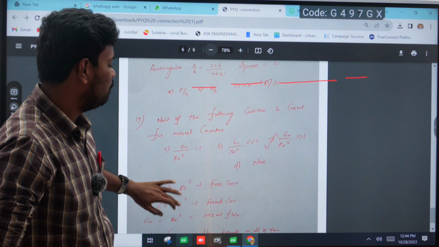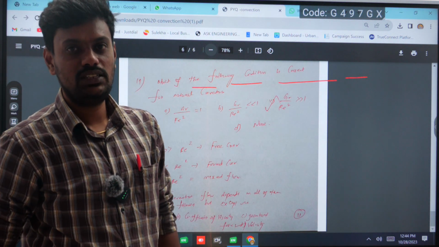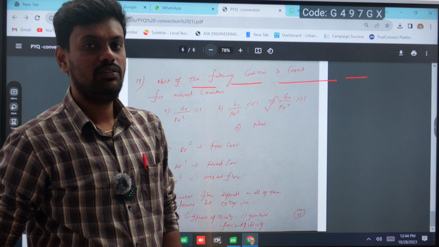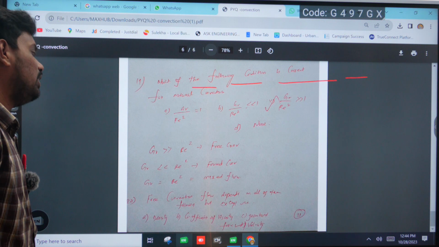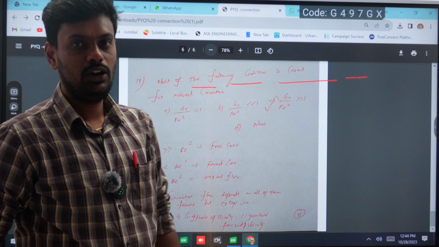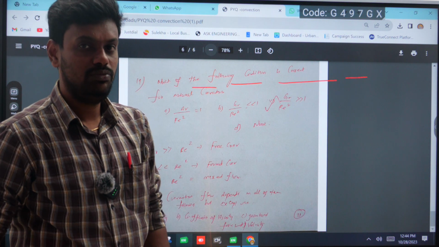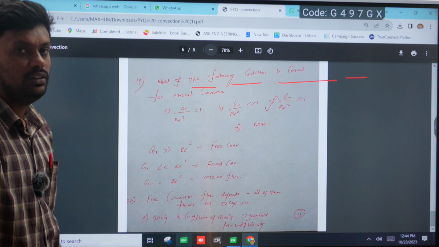But free convection means there is no velocity. In forced convection only, velocity is applicable. So the answer is, free convection flow does not depend on velocity. It will depend only on density, coefficient of viscosity, and gravitational force.